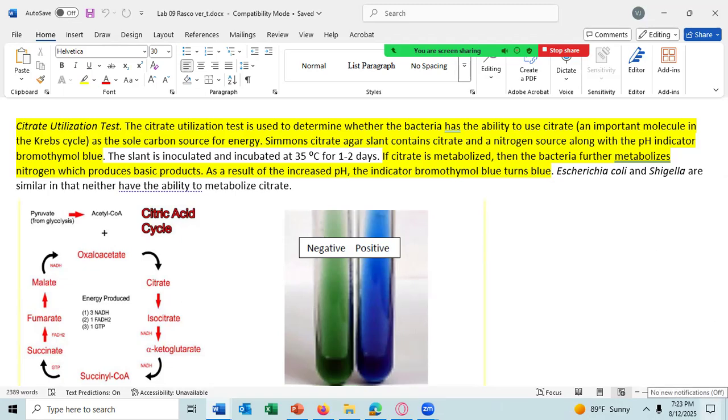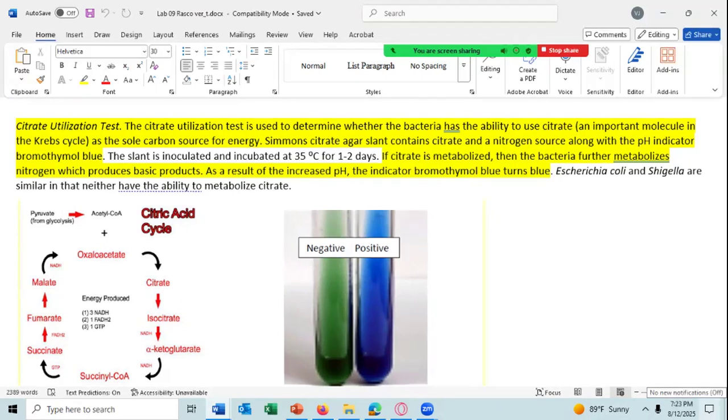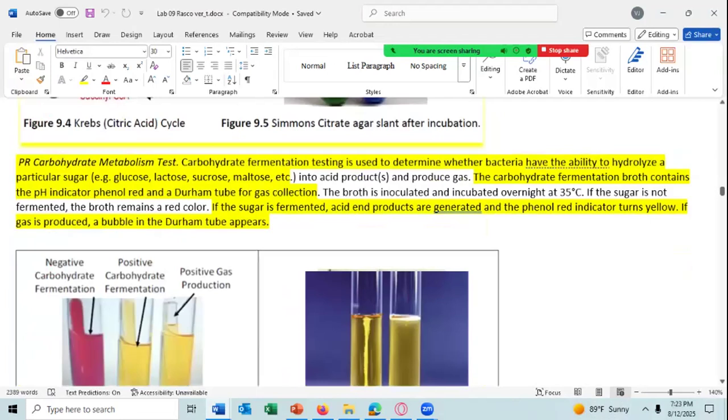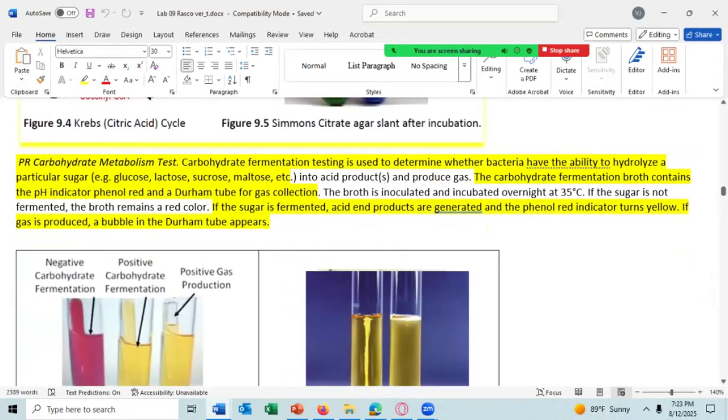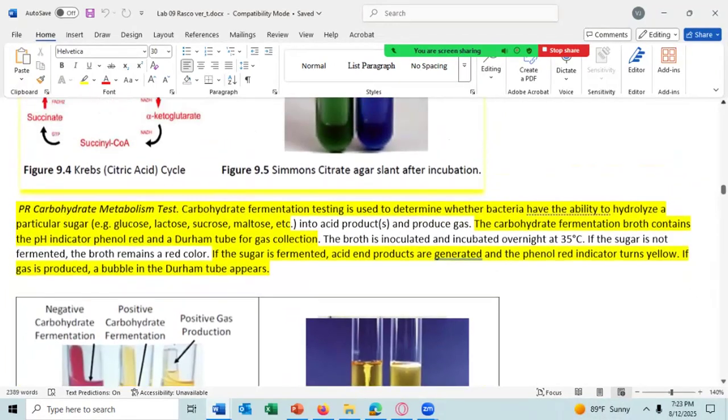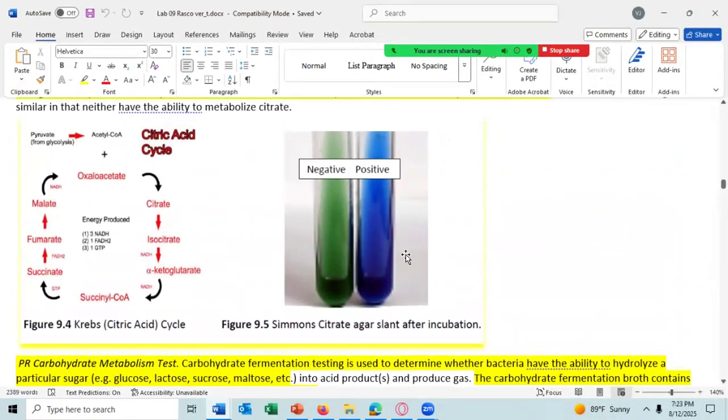E. coli cannot metabolize citrate, so it will stay green. Let's see if I have an example of one that does. I think Citrobacter turns bluish.